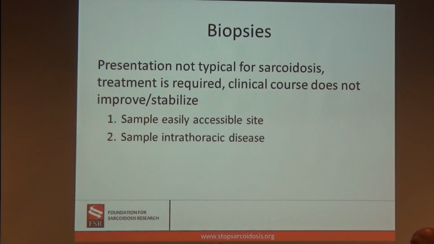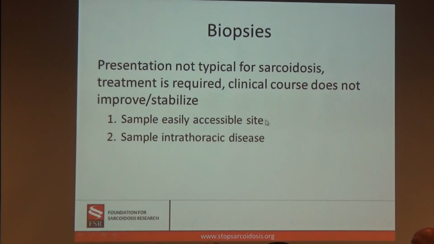But if you have a patient whose presentation isn't typical for sarcoidosis, if you think treatment might be required if they do have it, and if their clinical course doesn't improve or stabilize, in those patients you should think about having a biopsy.